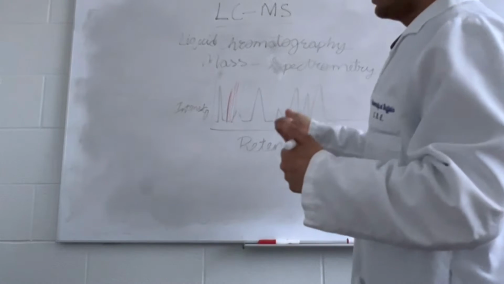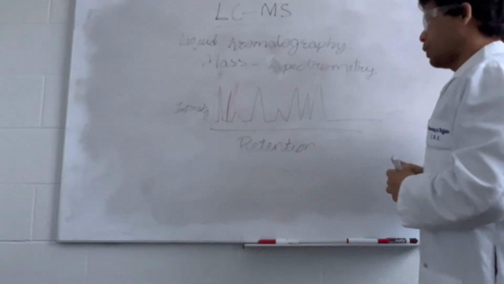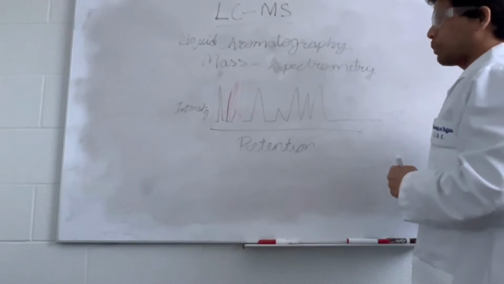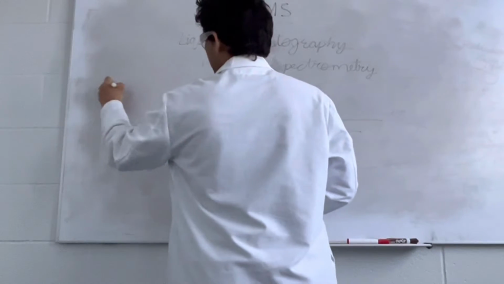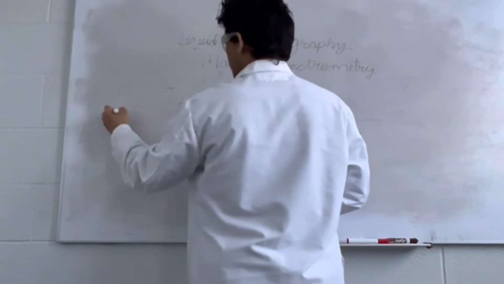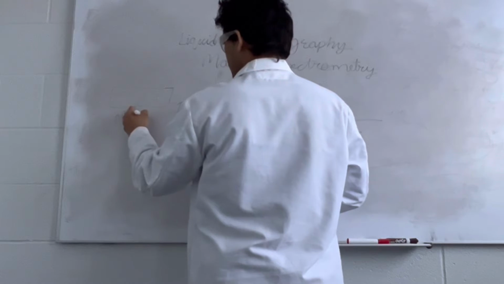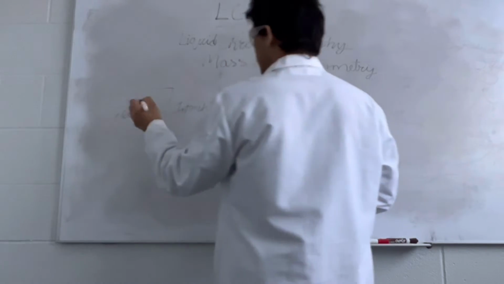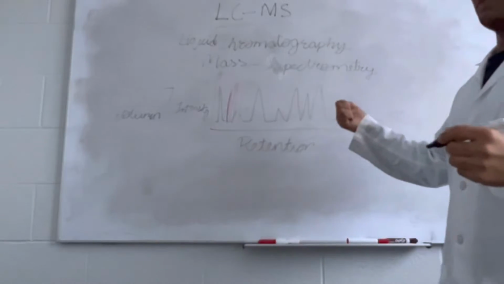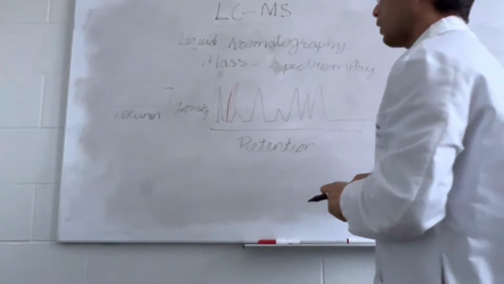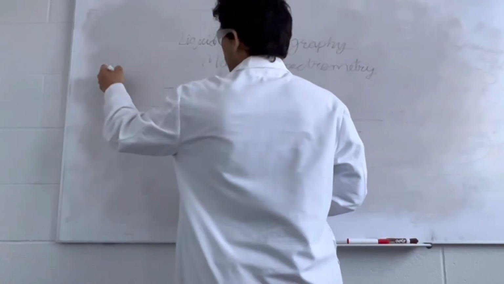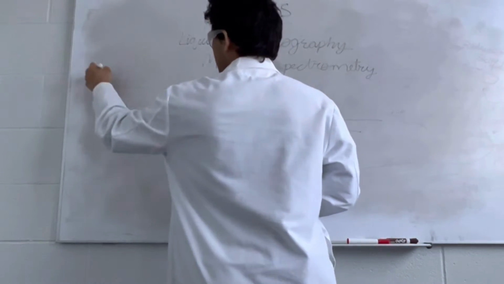So in order to take care of this issue, people have introduced a column before the sample is injected into the mass spectrometry. The most commonly used column is reverse phase.